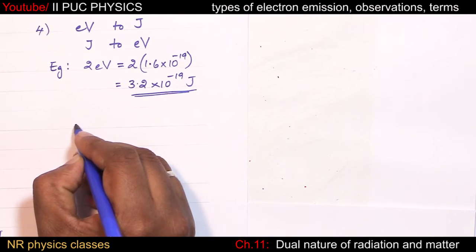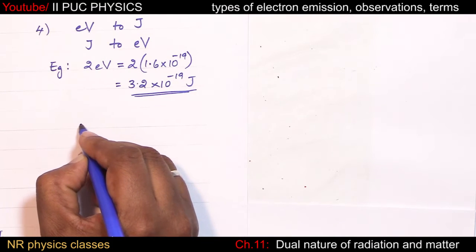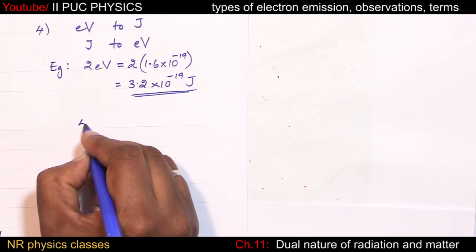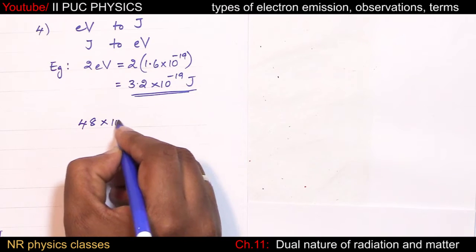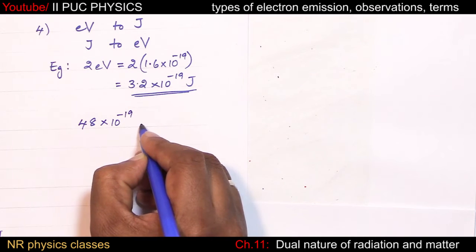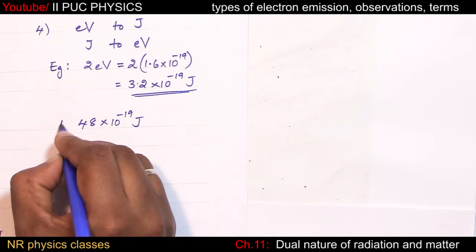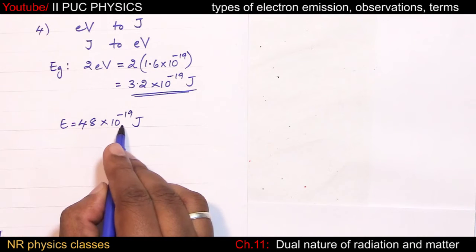Similarly, 4.8 10 to the power of minus 19 joule. So some energy is given in terms of joule.